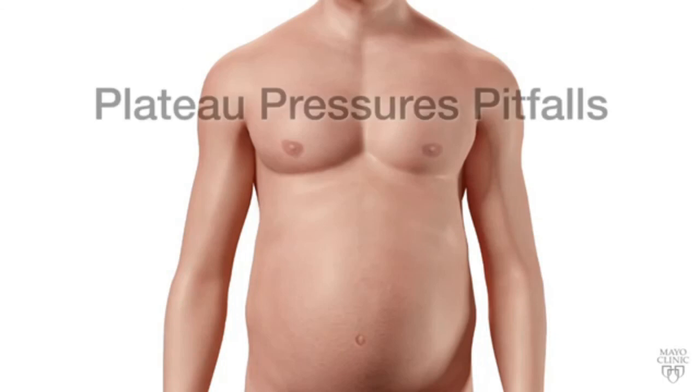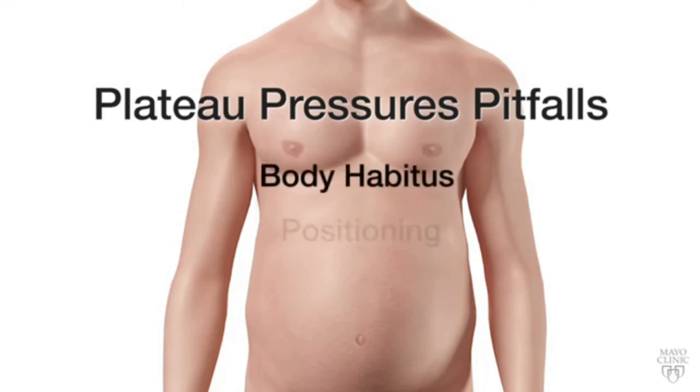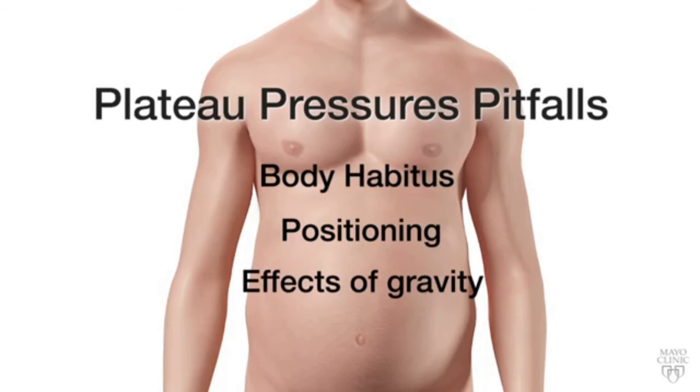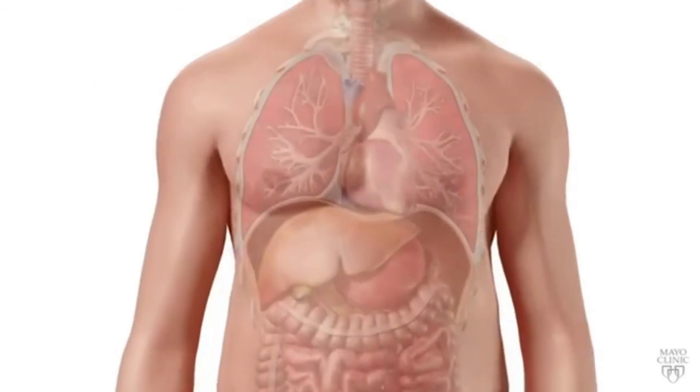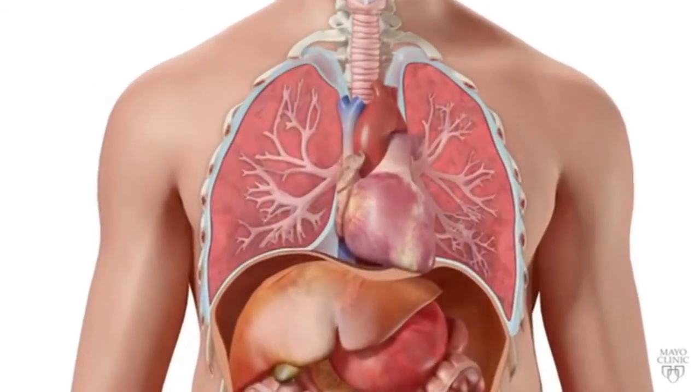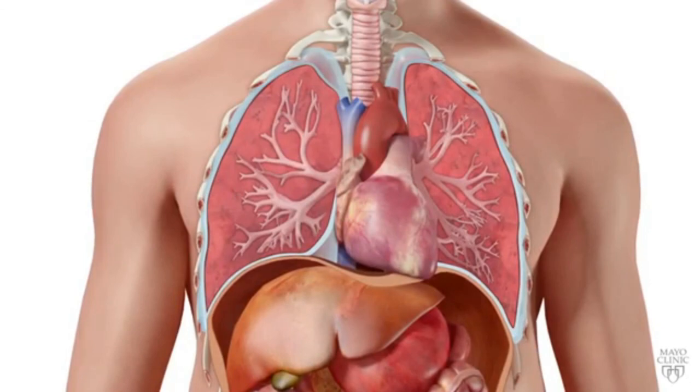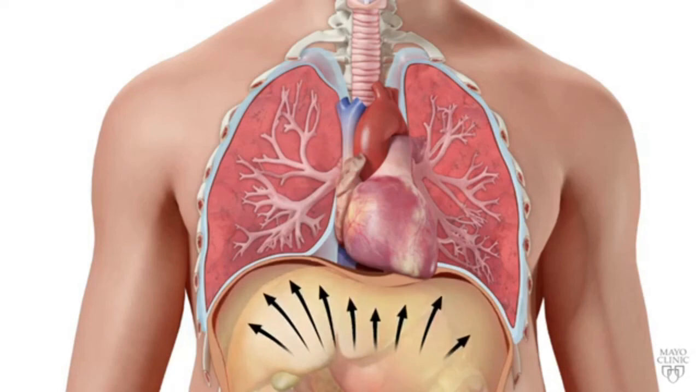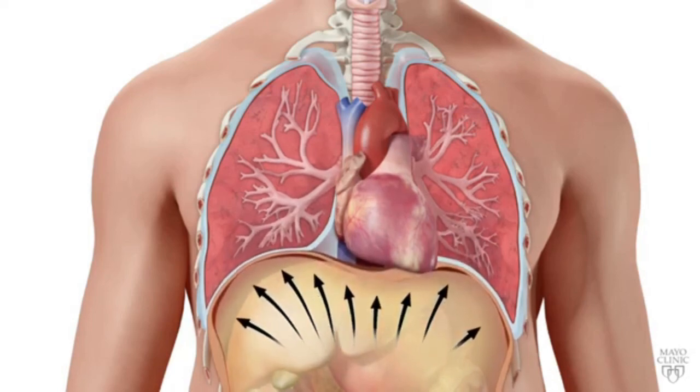The problem with this is that the plateau pressure is influenced not just by our ventilator settings, but patient characteristics such as body habitus, positioning, effects of gravity, and abdominal pressure. So for example, patients who are obese or who have abdominal distension for any pathology may have a lower chest wall compliance and when measured can show falsely high plateau pressures.